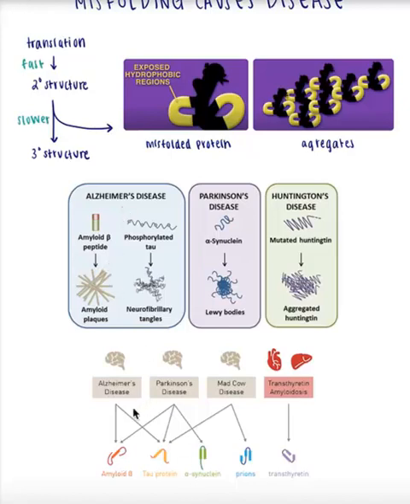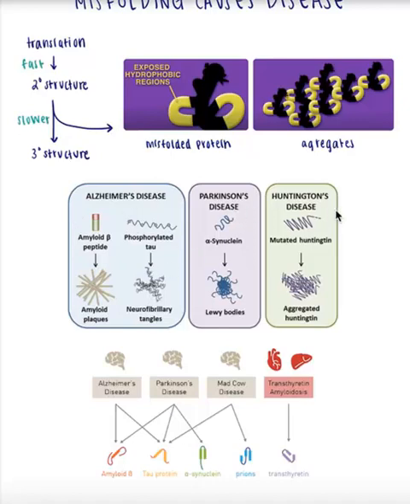So I know for Alzheimer's up here it mentioned amyloid and tau, but then there's also mad cow disease and another one that have other misfolded proteins. Also note, this is actually a common cause for a lot of neurodegenerative diseases, right? Alzheimer's, Parkinson's, Huntington's, things like that.